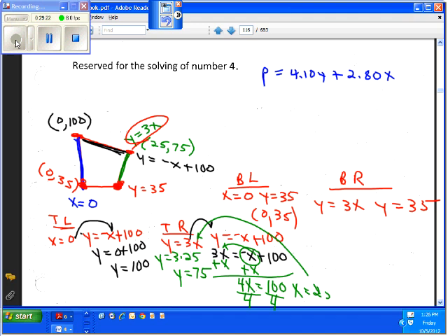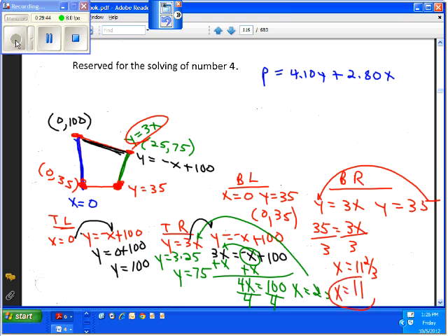y equals 3x, the green one, and y equals 35, the red one. Very good. So we're going to take the 35 and plug it in. So we get 35 is equal to 3x. Divide by 3, and we would get x is equal to 11 2/3, which is impossible.